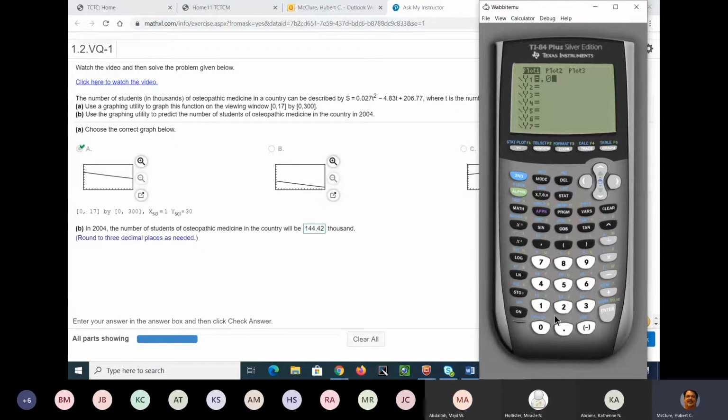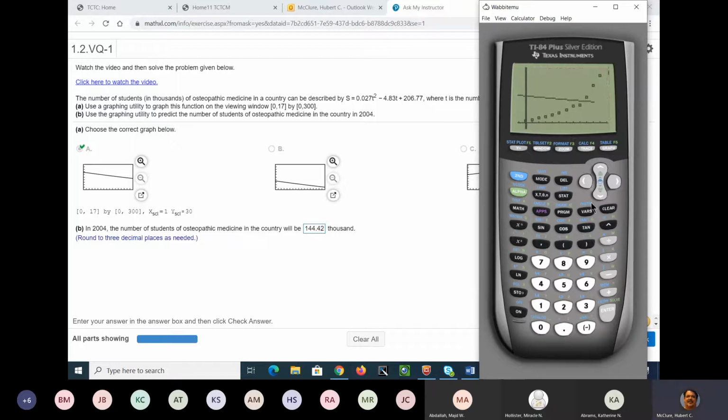This is a calculator drill for those that weren't here when we went over it. X squared plus minus 4.83t minus 4.83t x plus 206.77, 206.77. And then graph it.